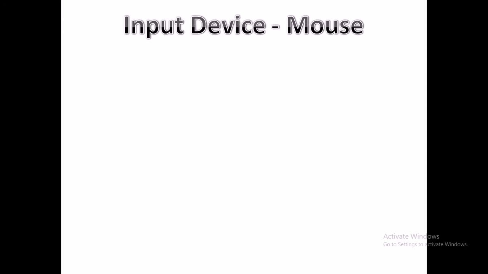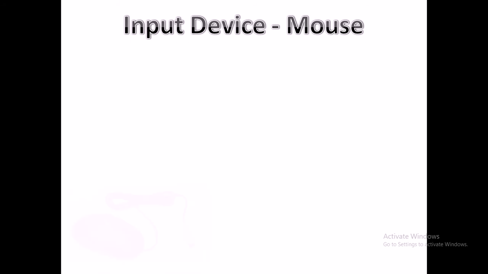We will turn towards our next input device, the mouse. You have already seen different kinds of mouse in our computer lab. Previously the mouse was a mechanical mouse. The mechanical mouse had a spherical rubber or metallic ball inside, and because of that the movements of the cursor were easy.